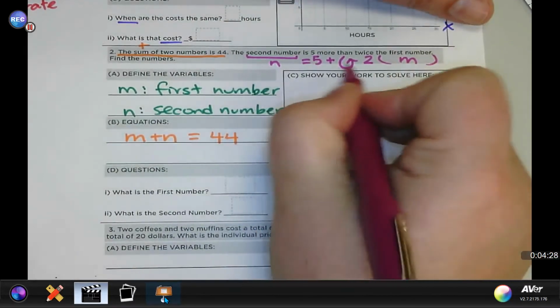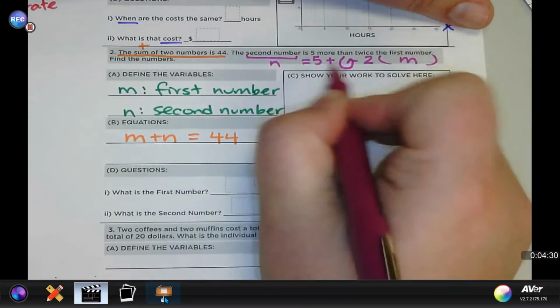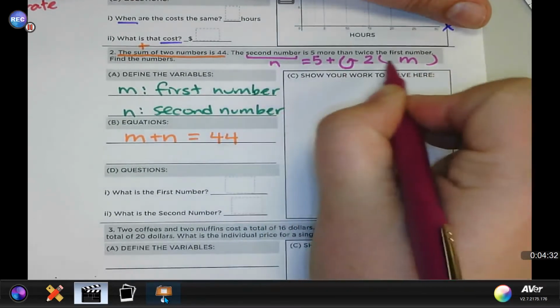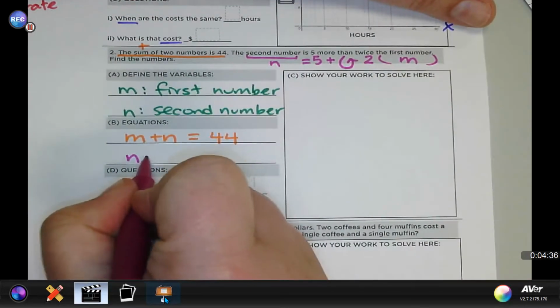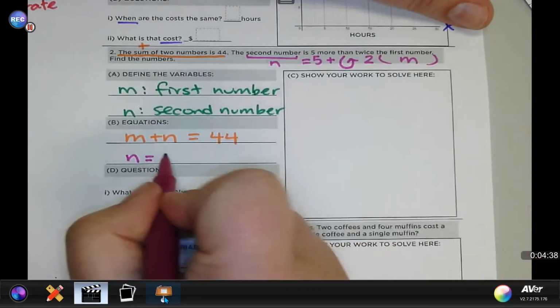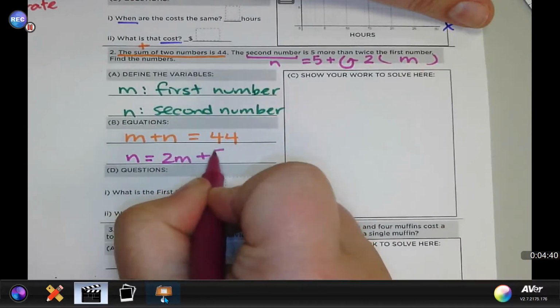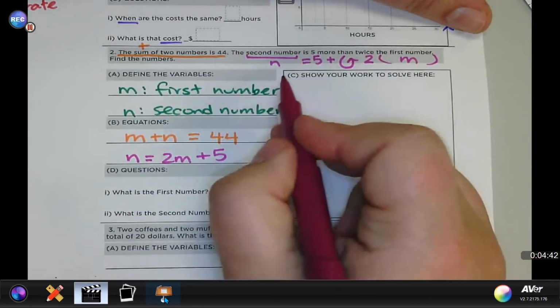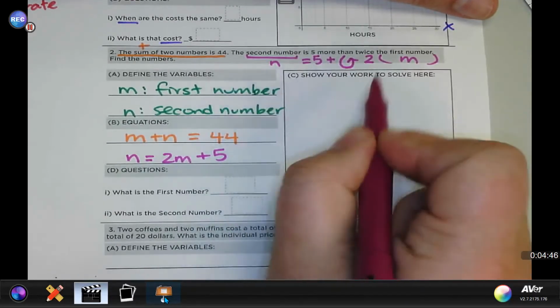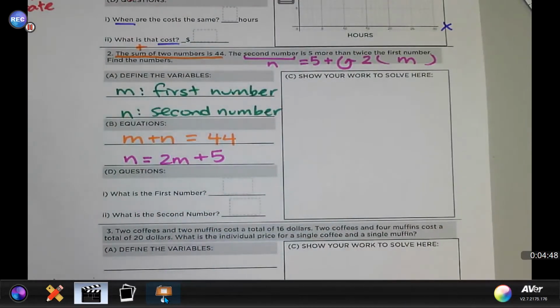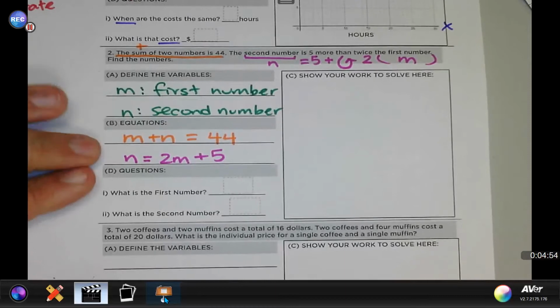So instead of doing 5 plus 2m, this flip thing tells me to do the 2m first and the 5 second. So it'll be n equals 2m plus 5. Okay, it doesn't flip the equal sign. It said more than, so it's the plus that's the center of the swapping. Okay. And again, that would be it for doing A and B for this one.